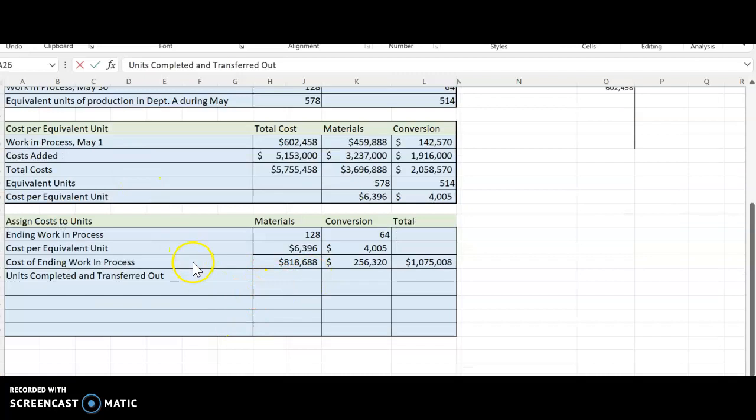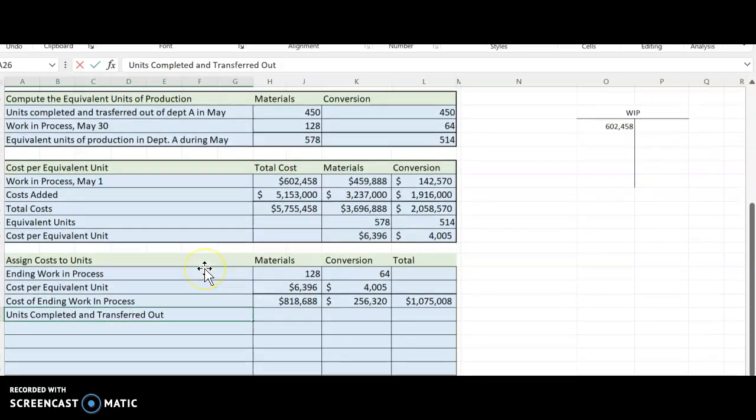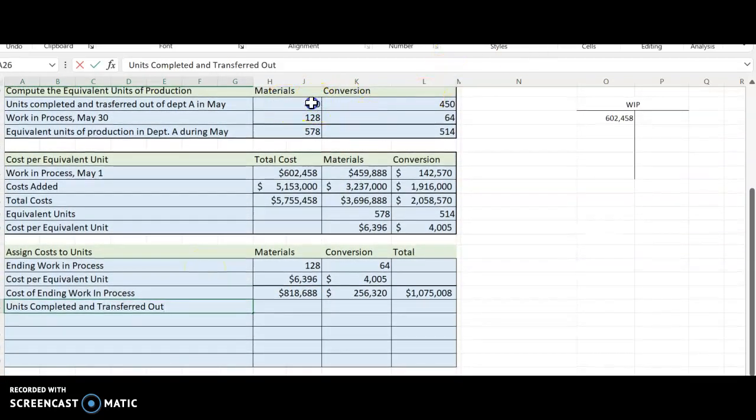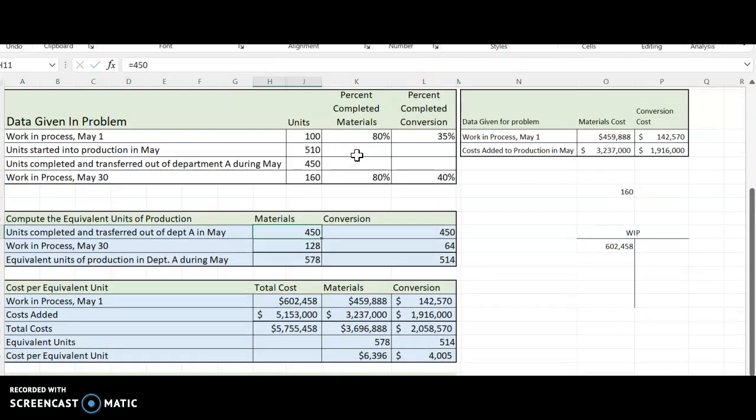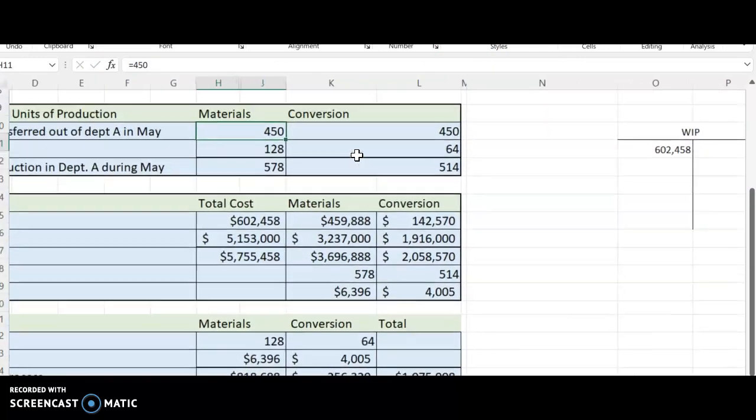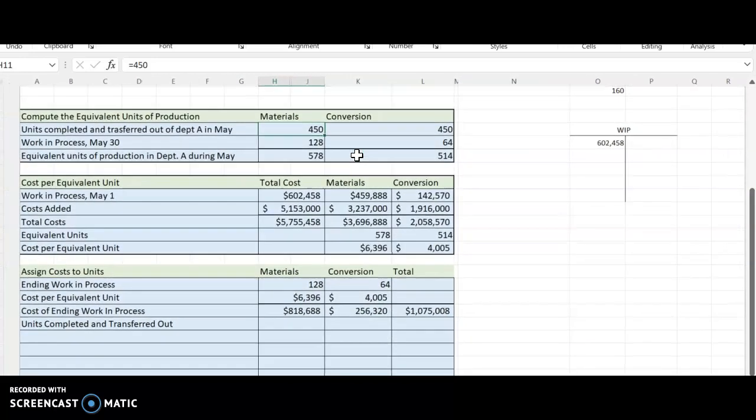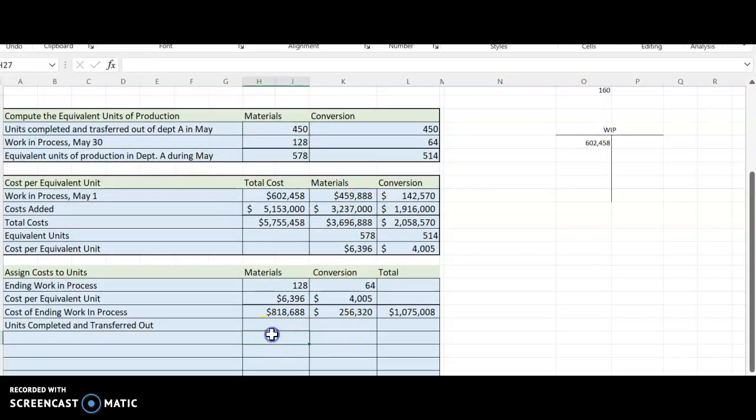Then we have our units completed and transferred out. Remember, that was our easiest calculation because it's just what's given to us, because we finished all of those units. So we have 450 and 450.